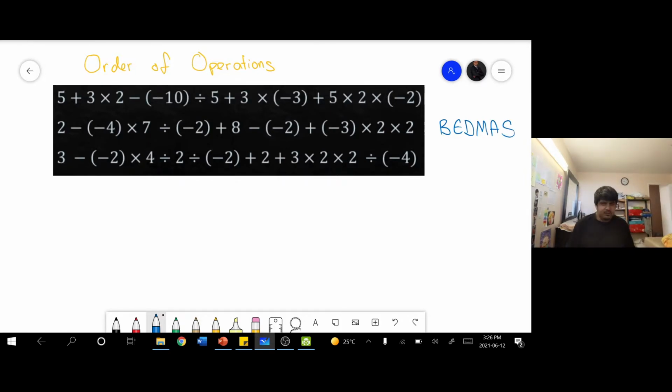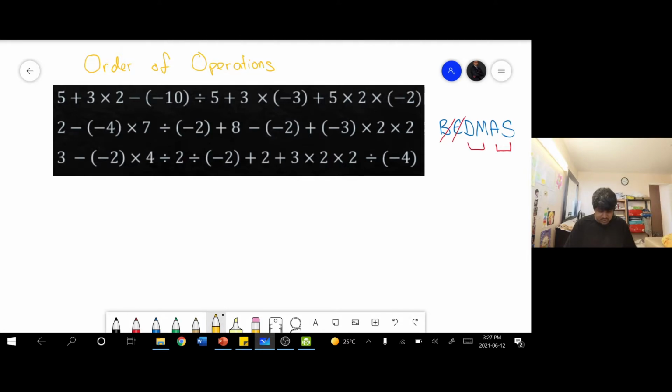Now, the important thing to realize before we go too far into this is that we don't actually have any brackets in this case, so we're not going to have to worry about this. We also don't have any exponents, so really it's just a matter of going through the division and the multiplication step by step, and then the addition and the subtraction again step by step. So let's go ahead and look at how we would do this.